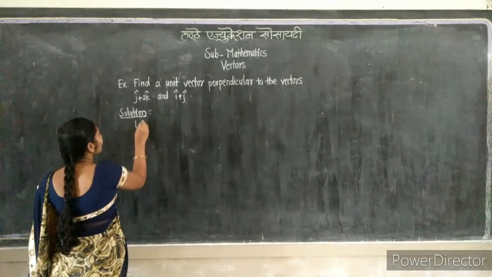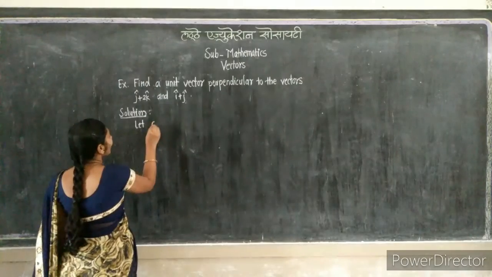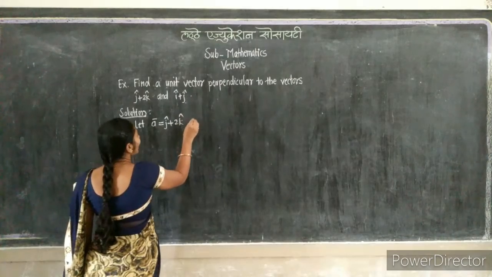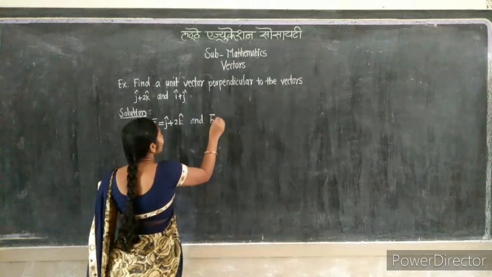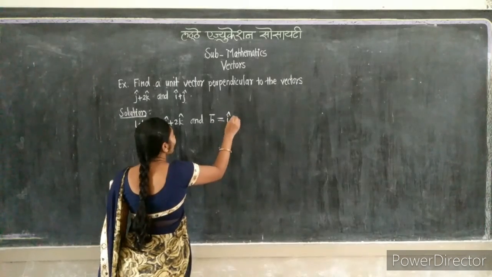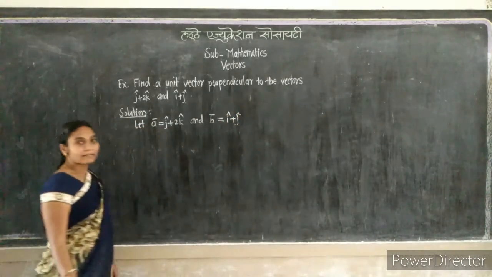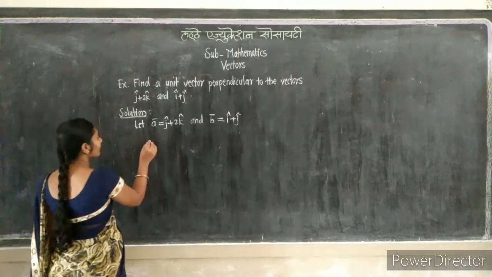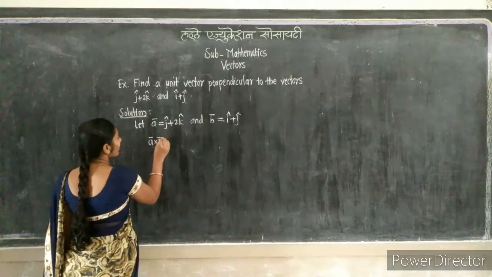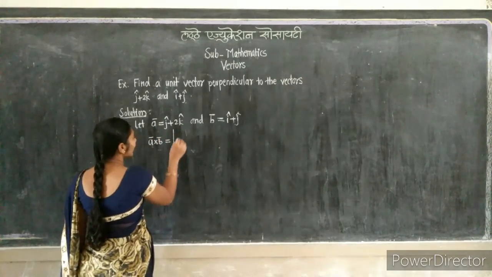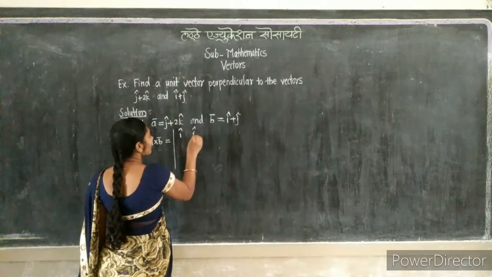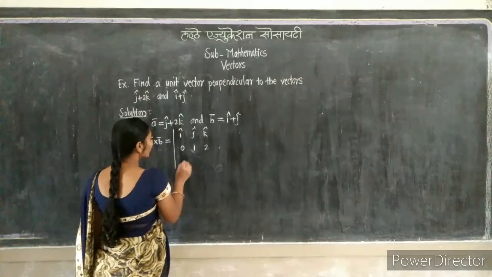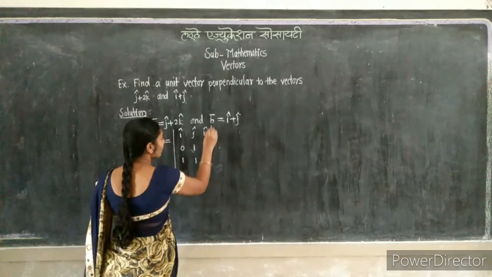Let the first vector be a bar. Let a bar is equal to j cap plus 2k cap and b bar is equal to i cap plus j cap, and then find out the term a bar cross b bar. A bar cross b bar is equal to the determinant i cap, j cap, k cap; 0, 1, 2; 1, 1, 0.